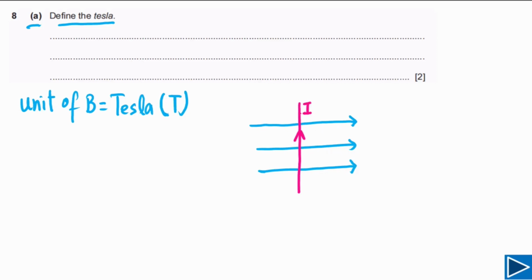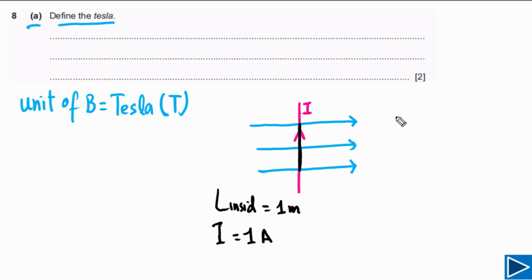If the length of the wire inside the magnetic field, L, is equal to 1 meter, and the current in the wire, I, is equal to 1 ampere, then we can define magnetic flux density.